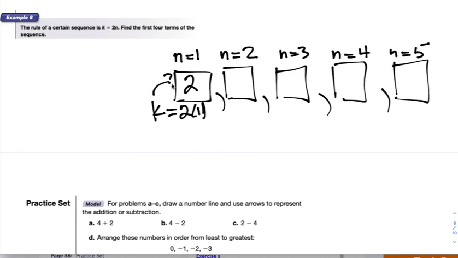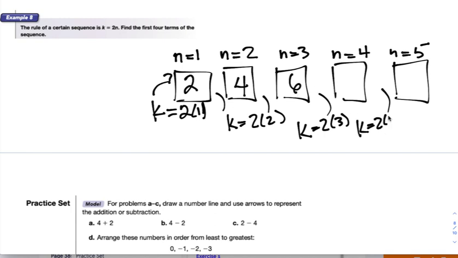Here, k is equal to 2 times 2, which is going to give me a 4. K is equal to 2 times 3 for the third term will give me a 6. K is equal to 2 times 4 is going to give me an 8 for this fourth term. And for this bonus one, for this fifth term, k is equal to 2 times 5, which is 10. And that's how we can define a rule of a sequence.